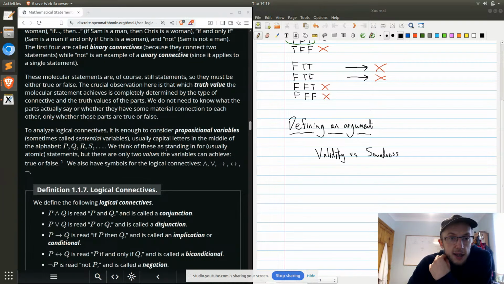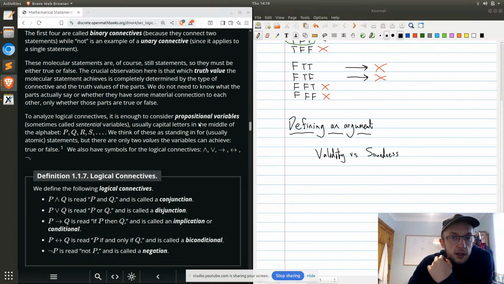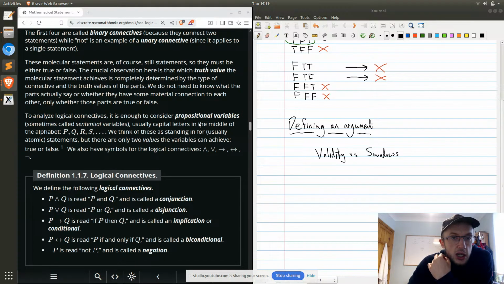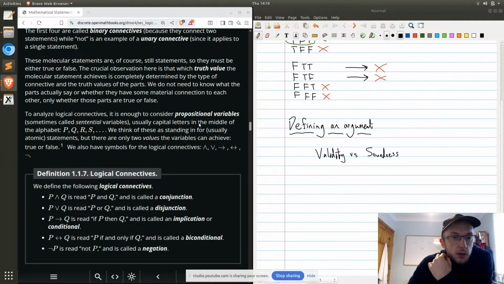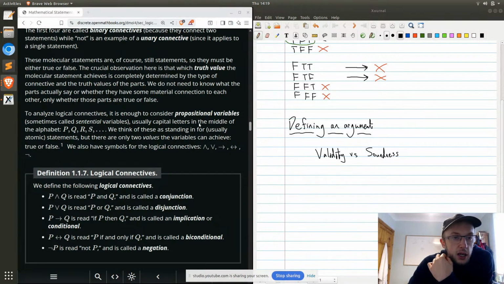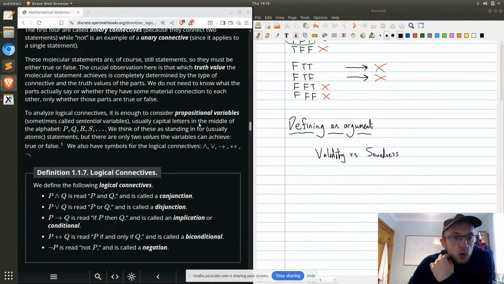These molecular statements are, of course, still statements, so they must be either true or false. The crucial observation here is that which truth value the molecular statement achieves is completely determined by the type of connective and the truth values of the parts. We do not need to know what the parts actually say or whether they have some material connection to each other, only whether those parts are true or false.